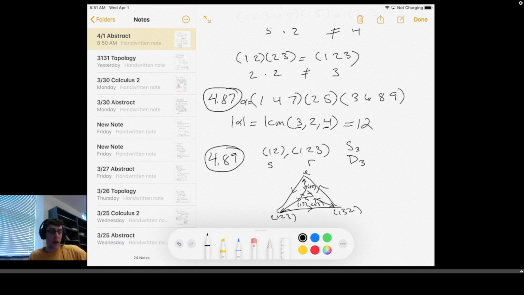But we're next going to basically go back to what we did in chapter 2 a little bit and look at breaking down cycles into transpositions. So basically, like what I did here, once you think a little bit more about how to break things down into transpositions, one, it's always possible. You can always write any cycle as a product of transpositions. Even more specifically, you can write it as a product of adjacent transpositions, basically things that look like this, right? (1 2). 1 and 2 are next to each other.